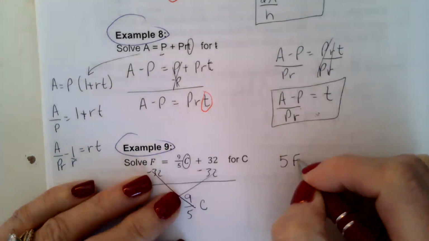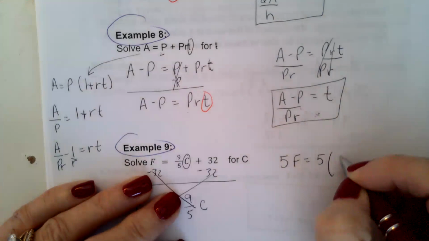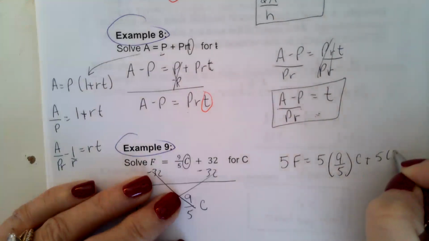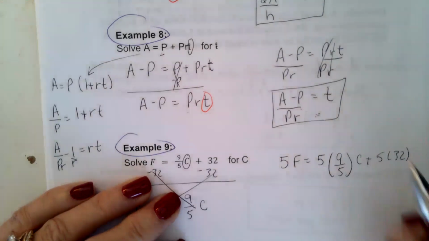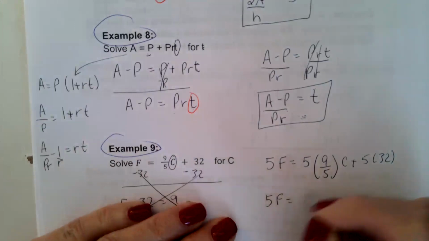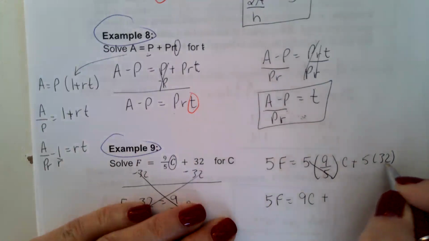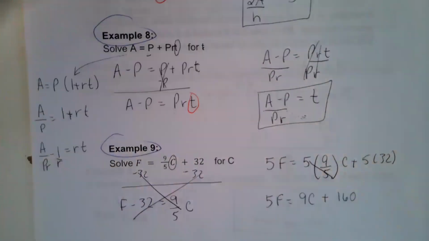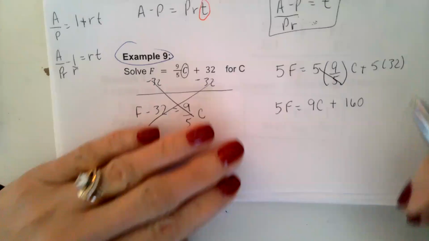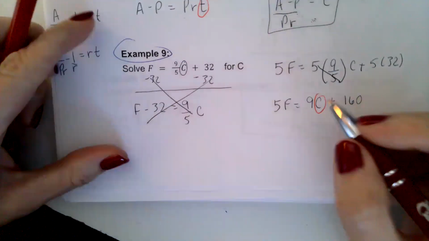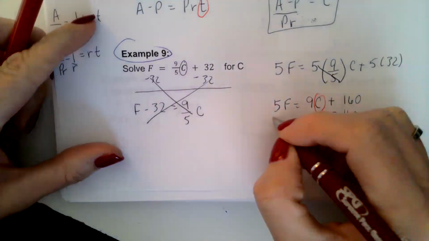So 5F equals 5 times 9 this C plus 5 times 32. So 5F equals, and then the 5's cancel there, so we have 9C plus 5 times 32 is 160. And since we're solving for C, I'm going to subtract 160.